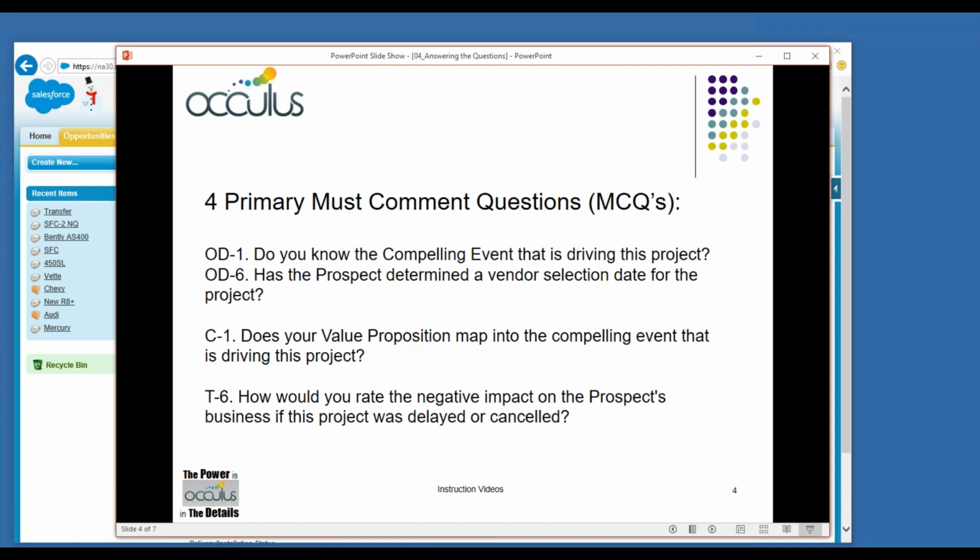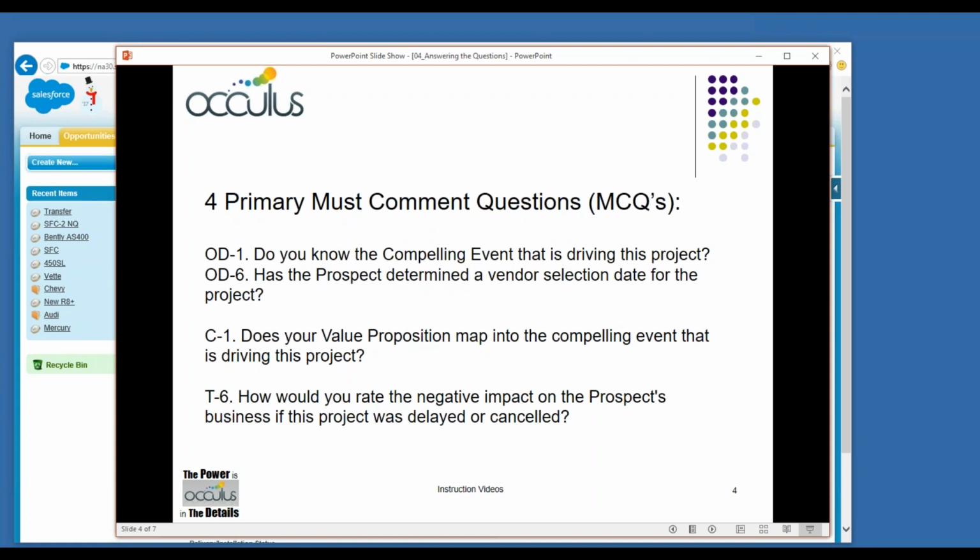The second one, also in opportunity description, asks the prospect to determine a vendor selection date for the project. Now, the vendor selection date may or may not be your close date. Your close date is the date that the company you work for accepts the order. Many companies have an order processing function where they will take the order from the customer, whether it's in a letter or a PO or whatever written document, and will process it.